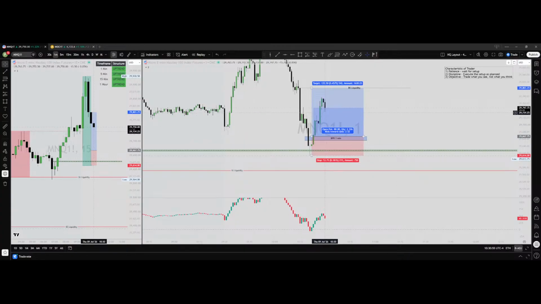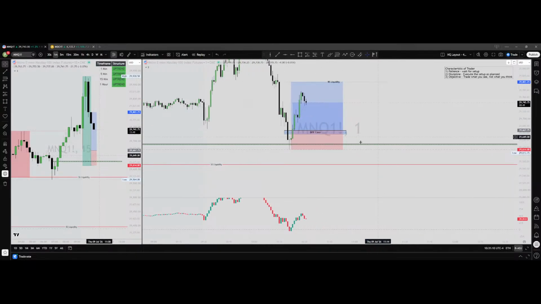I'm not going to rush and take an entry into this trade at this fair value gap. The only place where I will take a trade is this level, if I see a good signal at that level.